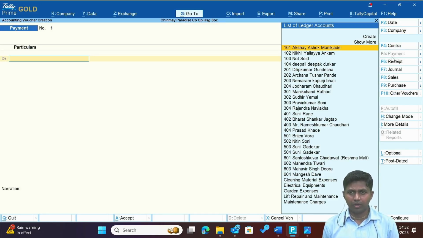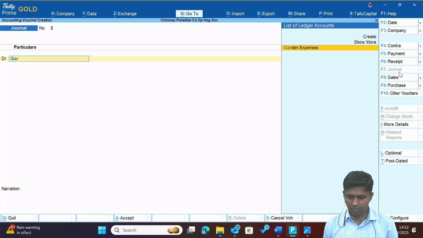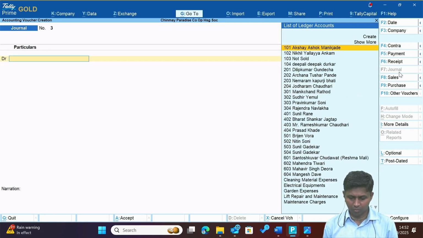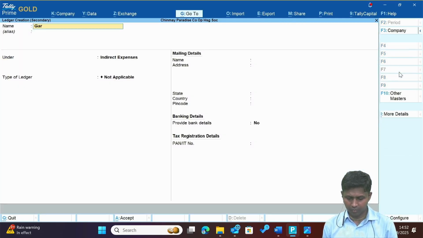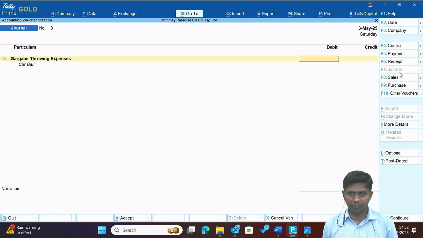Therefore, what we have to do first, we have to book the expenses. We'll book the expenses through journal. Now here, do we have garbage throwing expenses? No. Then create garbage throwing expenses under indirect expenses. That is okay.